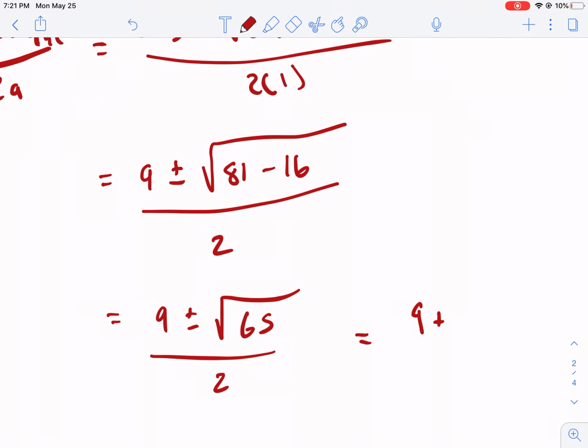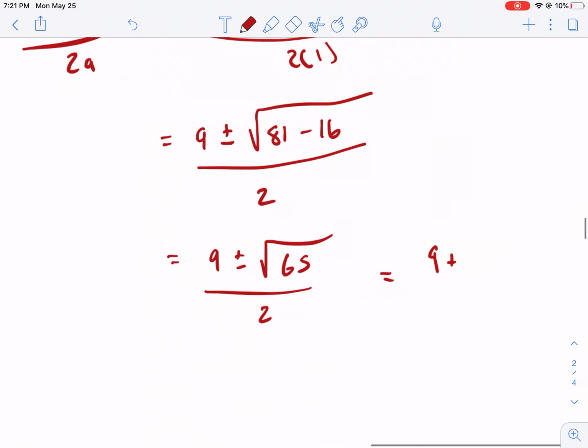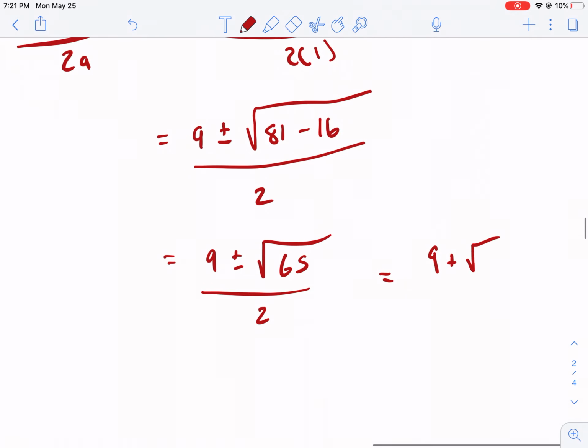We should really separate this in two because we have to remember we're talking about a word problem. 9 plus the square root of 65. Let's figure out what that number is. The square root of 65 is 8.06. So 8.06 plus 9, divided by 2, we get about 8.53.